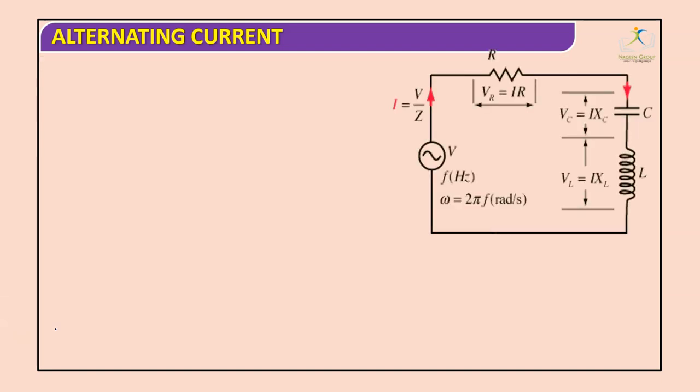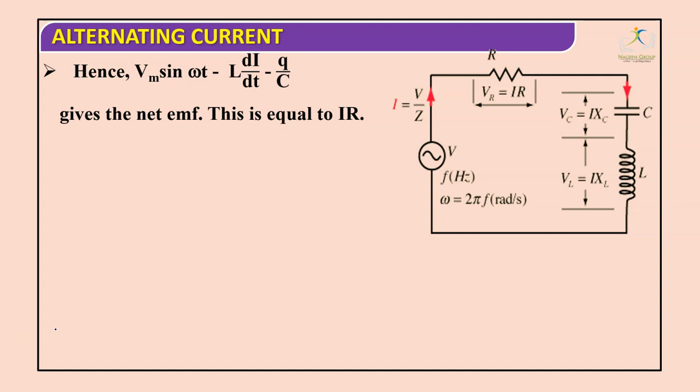So this is a complete structural diagram where I will make each and every point clear. For the case of C, IXC will be there. In the case of L, IXL will be there, and in the case of R, IR will be there. Hence Vm sin omega t minus L di by dt minus Q by C gives the net EMF. This equals IR according to Ohm's law.